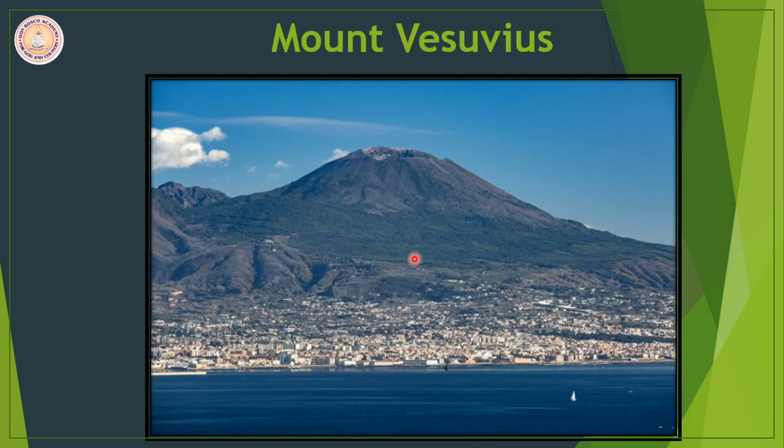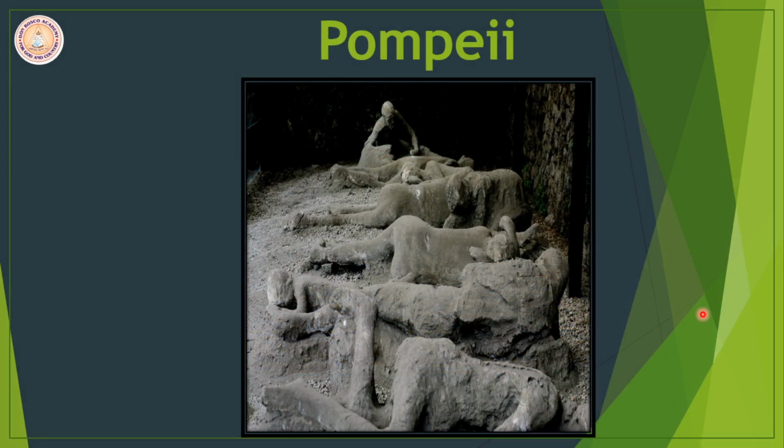Mount Vesuvius in Italy was considered an extinct volcano because it remained inactive for a very long period of time. But suddenly it erupted very violently in 79 AD and totally destroyed the ancient city of Pompeii.